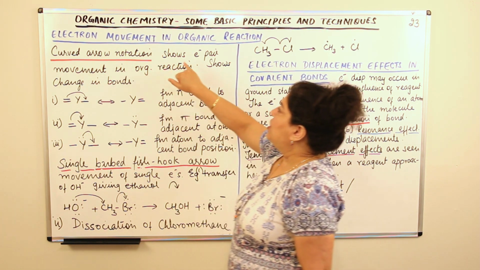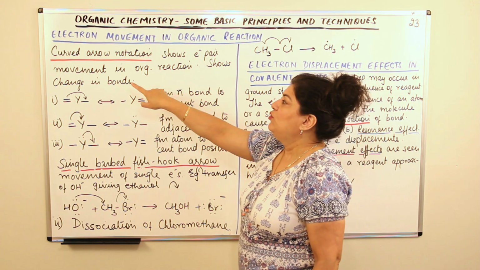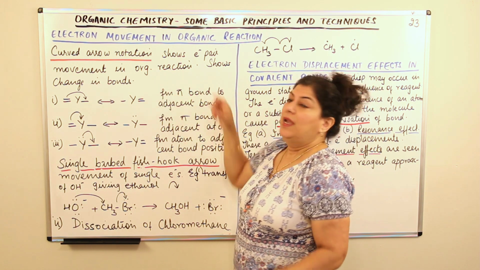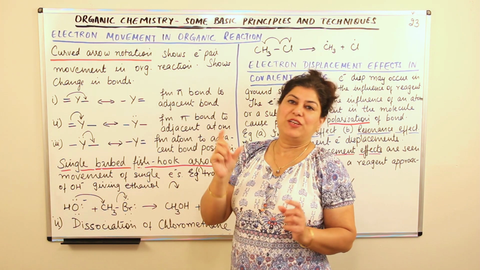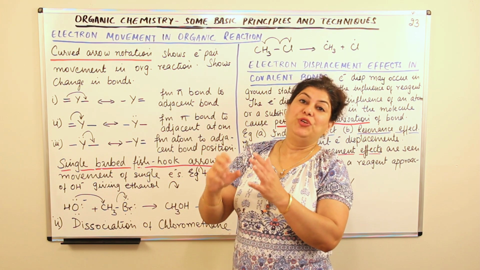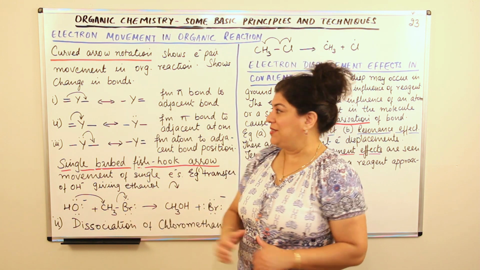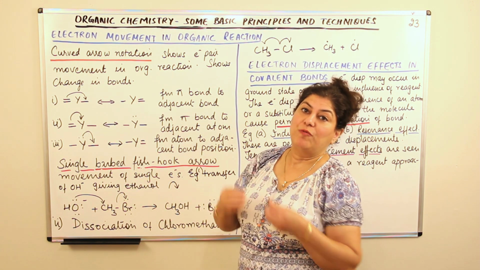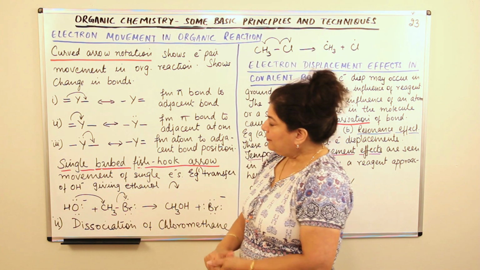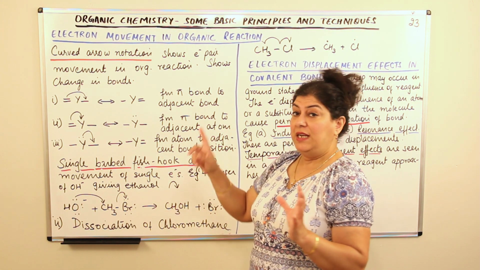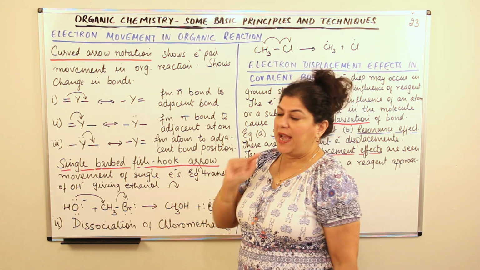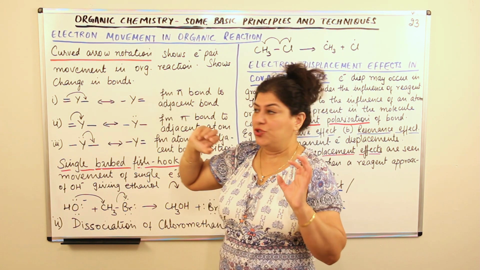So curved arrow notation shows an electron pair movement in an organic reaction. And in other words, a pair of electrons forms a bond. So it is showing you the change in the bonds, how the bond is changing from one place to the other. Now there are different ways in which this movement may occur, but in each case you will be using the curved arrow notation to show it.